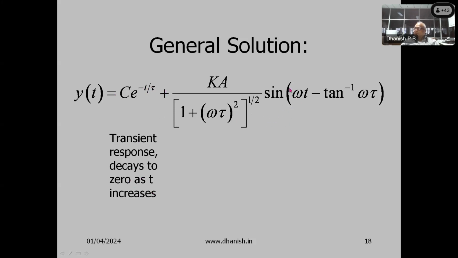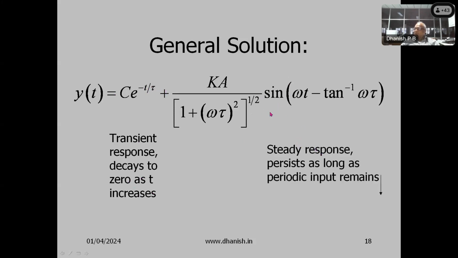And the right hand side part is the steady response. We are giving as input a sinusoidal signal of frequency omega, so the output is also a sinusoidal signal of the same frequency omega.